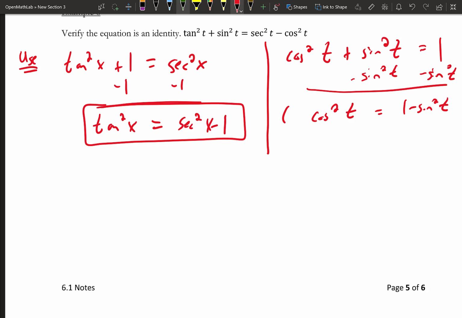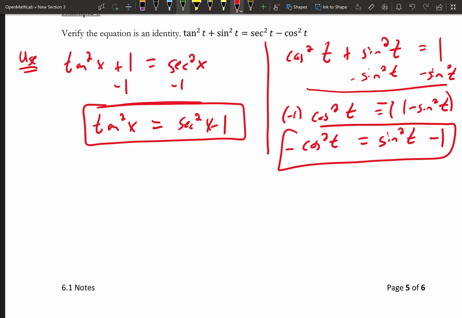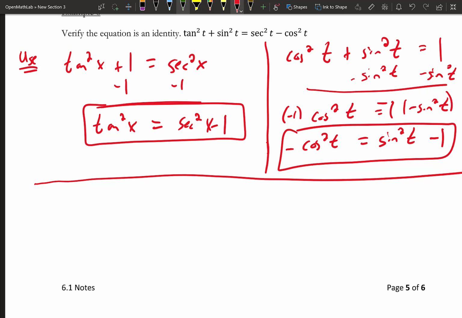And then if I multiply both sides times negative 1, what we get is negative cosine squared t equals sine squared t minus 1. So we're going to use this in this problem as well.